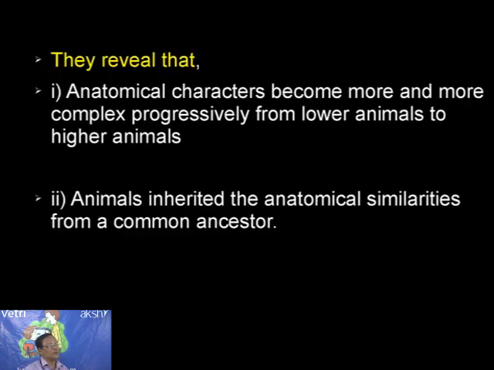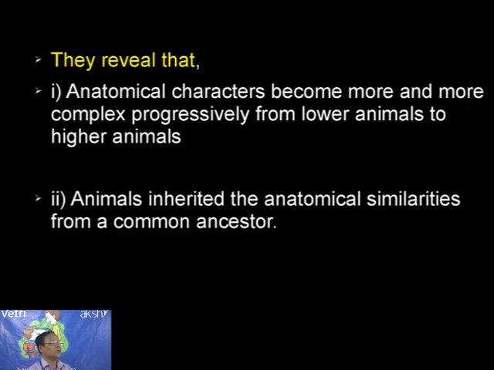When you are going for evolution, the anatomical characters become more and more complex progressively from lower to higher groups of organisms. Starting from amoeba up to man, there is a progressive change in the anatomical structures, from simple to complex.